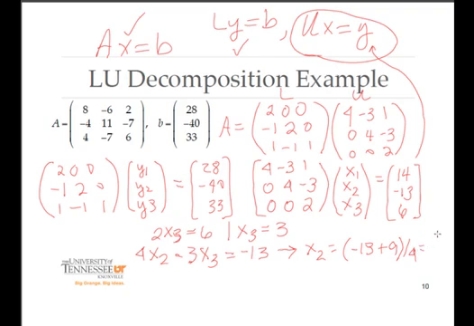And again, negative 13 plus 9, of course, is negative 4 divided by 4. So the second component of the solution vector, the x2 value, should be negative 1.